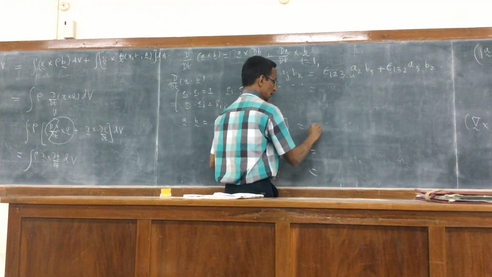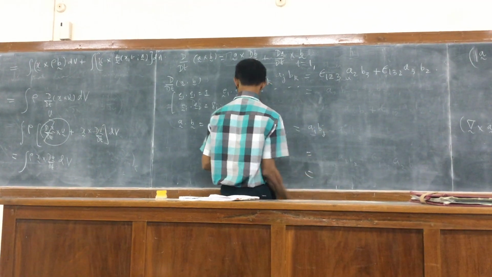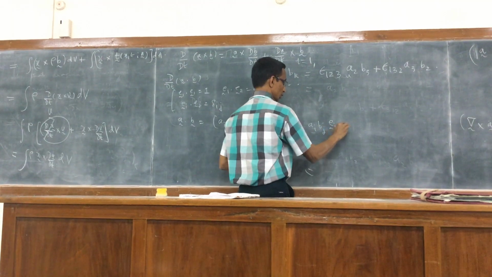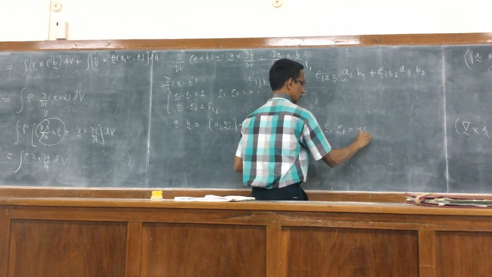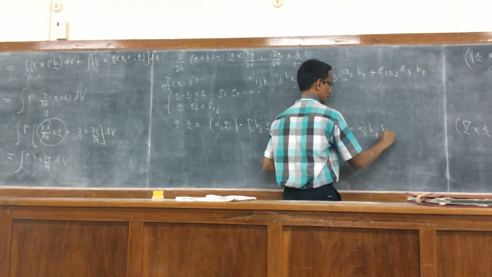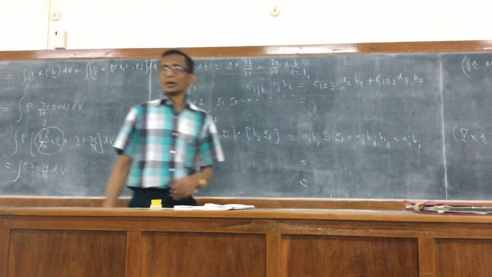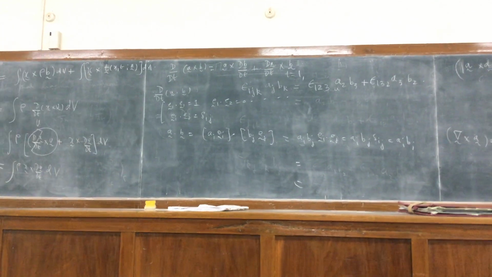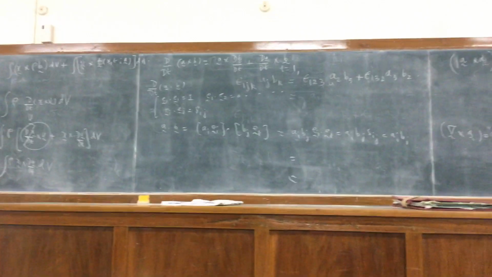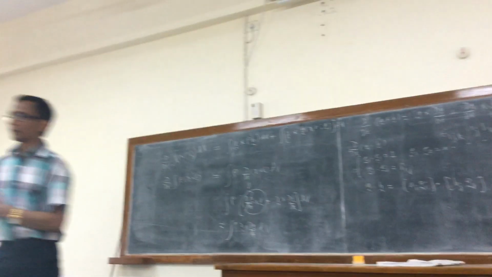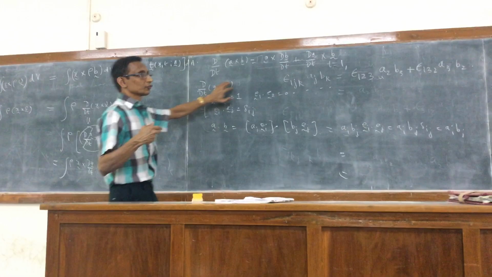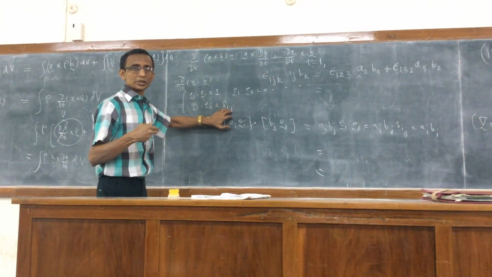That would then become Ai Bj, right? Ei dotted with Ej is Ai Bj delta ij, which is simply Ai Bi. So rather than doing this, I simply directly gave you what the dot product of two vectors would be in Cartesian coordinates.